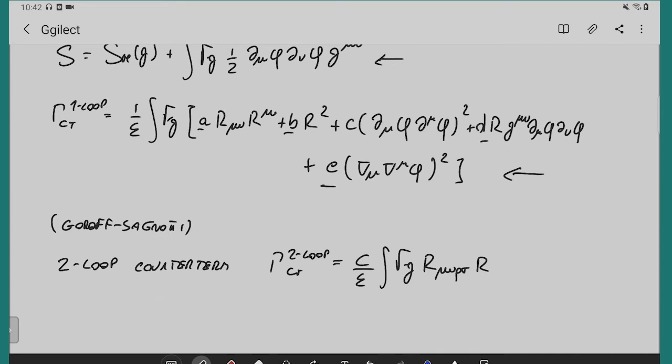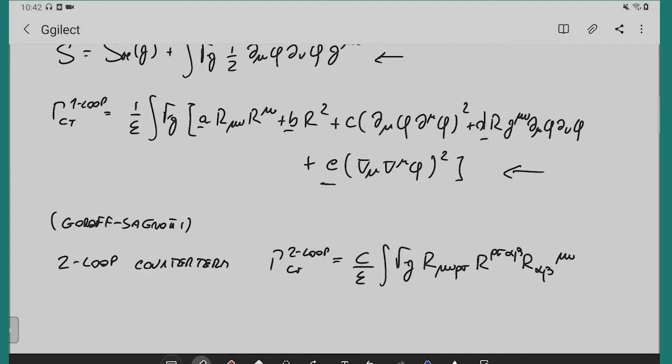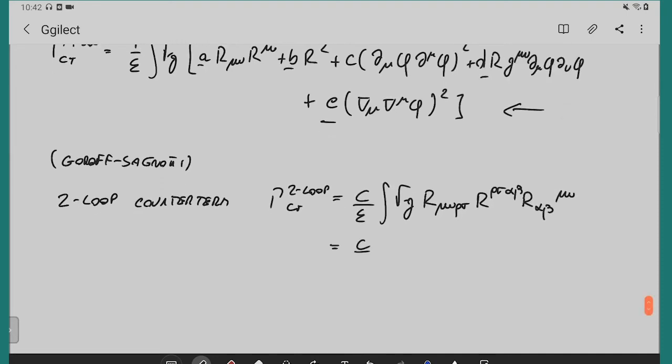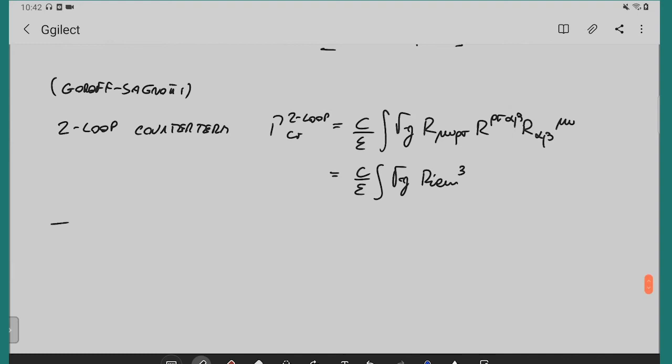This is the Riemann tensor. So it's the trace of the cube of the Riemann tensor, that I will denote like this. So this definitely concludes that GR is not renormalizable.